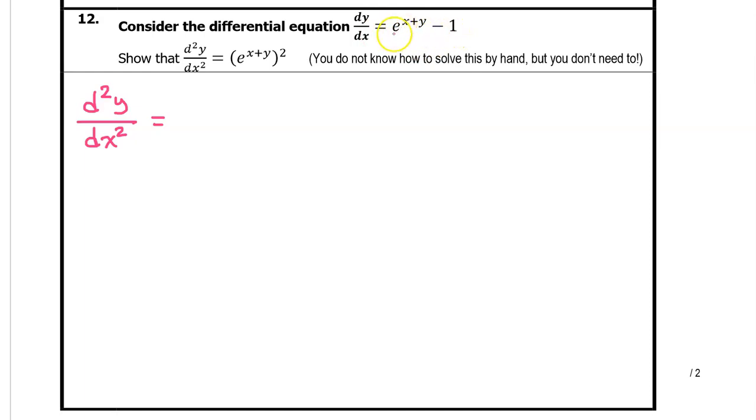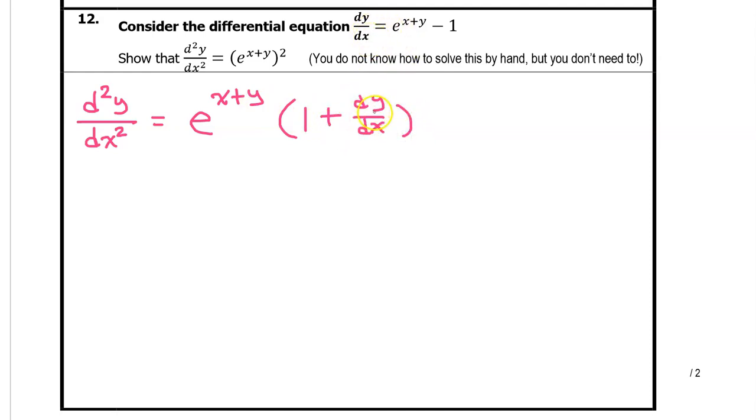The derivative of e to the something is e to the something. However, we have to employ the chain rule and multiply by the derivative of this inner function. So taking the derivative of x plus y term by term, the derivative of x is 1, and the derivative of y is dy dx.